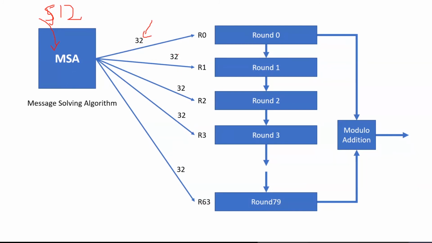So how many blocks of 32 bits can I create? I had a 512 bit chunk and I'm dividing it into 32 bit pieces. There are 16 such 32-bit words. Let me call them words.